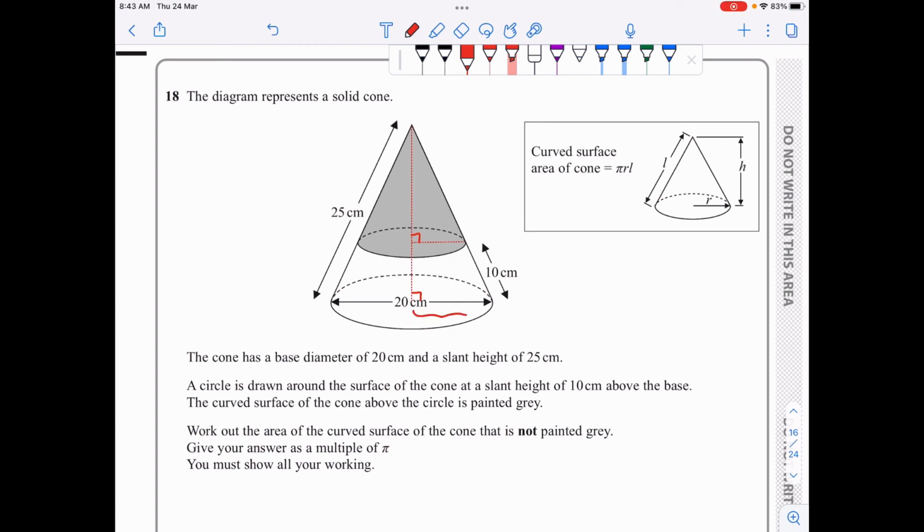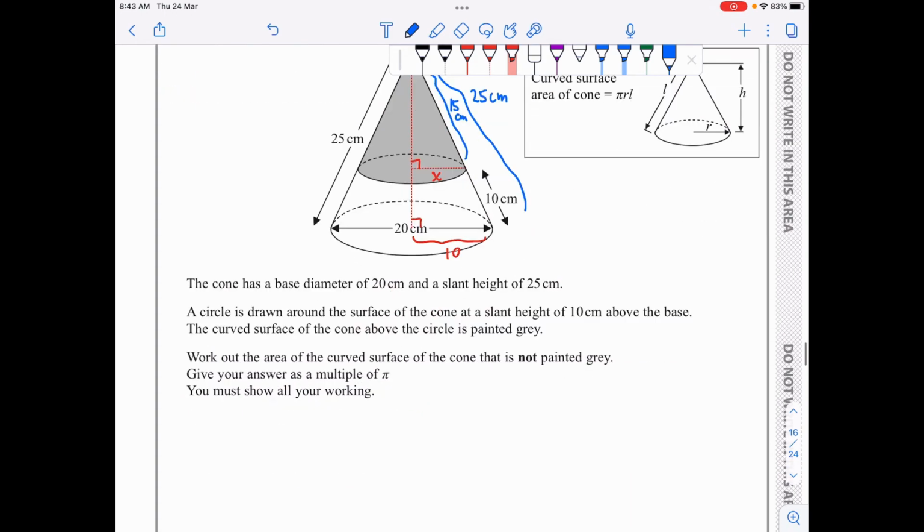This here is 10 and this here is 25 centimeters. So I can call the radius of the smaller cone x, and obviously the slant height here is 15. So by similar triangles, I could set up a ratio.